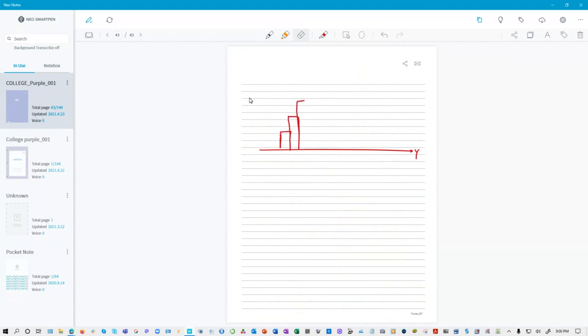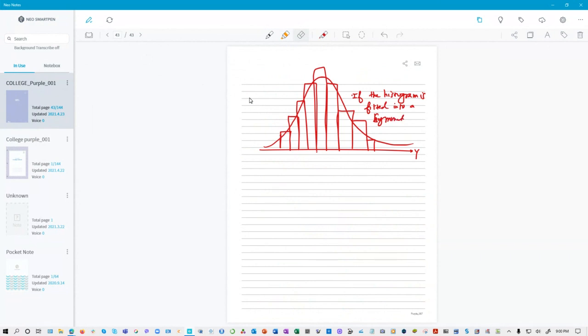Let's say for anything, if you have a histogram and you draw a smooth curve on it to get a certain shape, or if you want to fit it into a bell shape, a symmetric bell-shaped curve, if you want to do that, you can make sure.